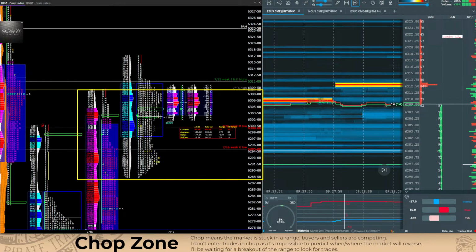So you say to me, Charles, what are you talking about? Well, this liquidity that was sitting right here at 63.10, they didn't really want to fill orders there. They were trying to use it as a magnet to pull price to it. So when price got there, they were like, oh no, we don't want to let these orders fill. So they got rid of it. But what did they immediately do? Within a fraction of a second later, they moved it up higher.